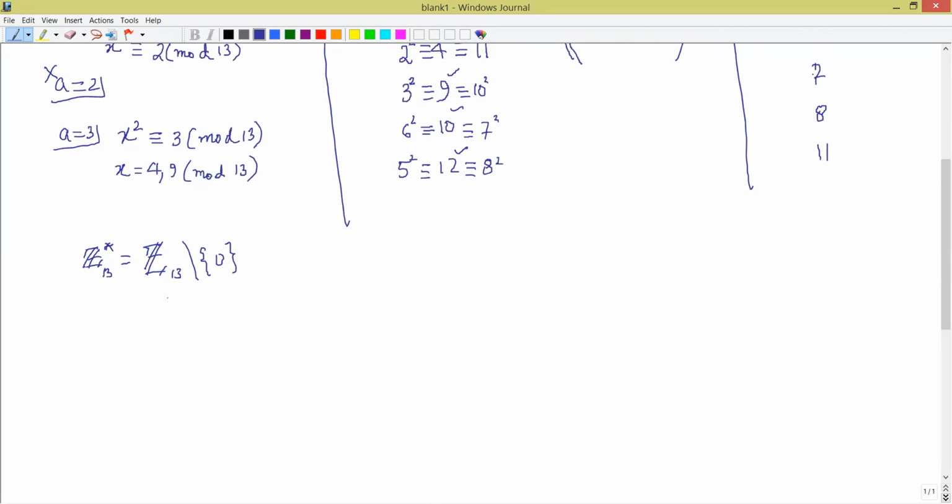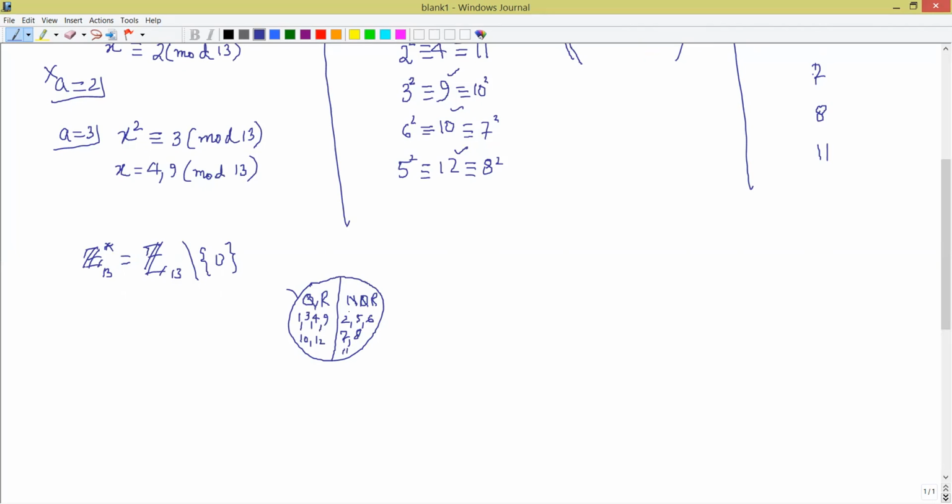So there are 12 elements, and these 12 elements are partitioned by the quadratic residues, which I will write as QR, and the non-quadratic residues, which I will write as NQR. The quadratic residues are 1, 3, 4, 9, 10, and 12, and the quadratic non-residues are 2, 5, 6, 7, 8, and 11.